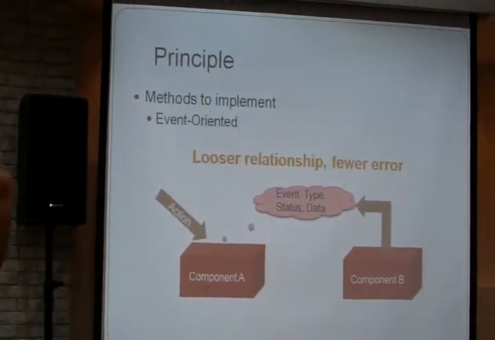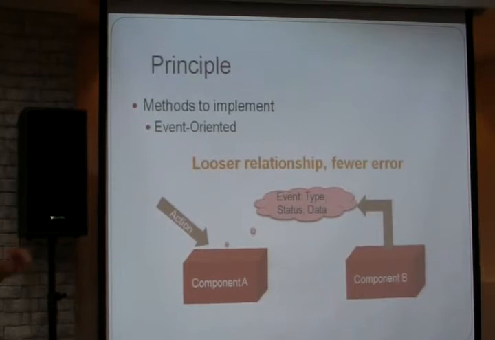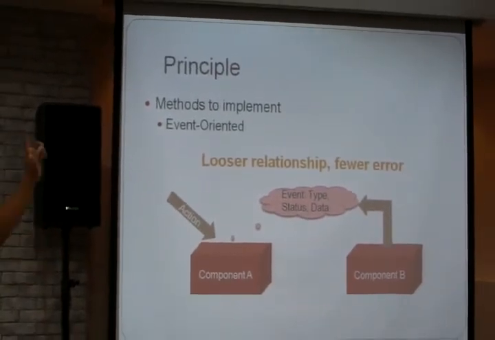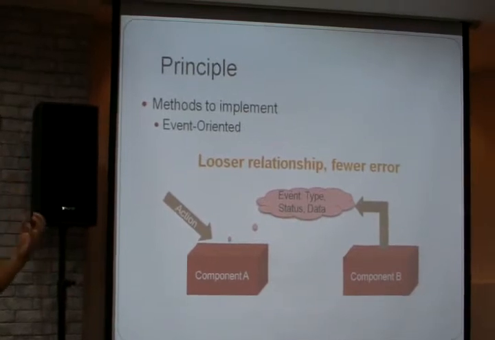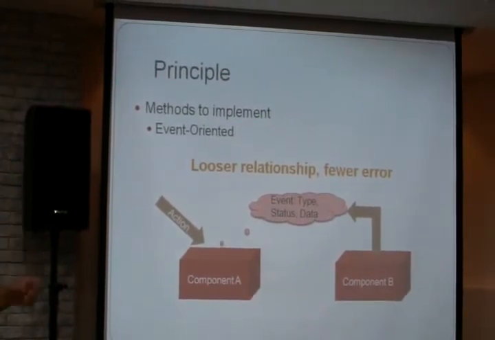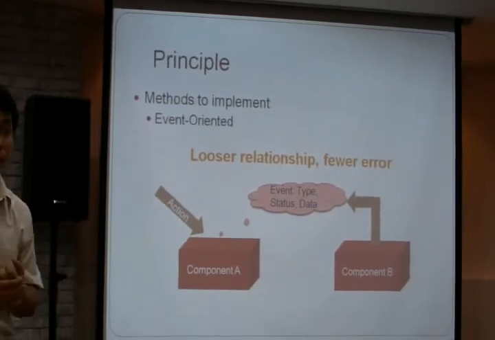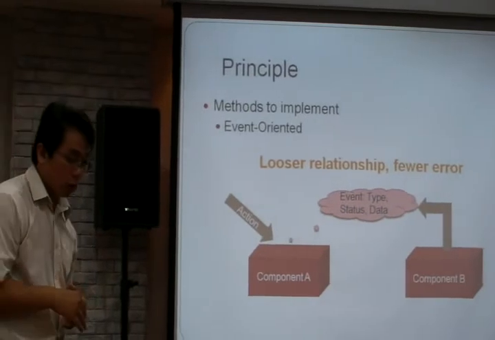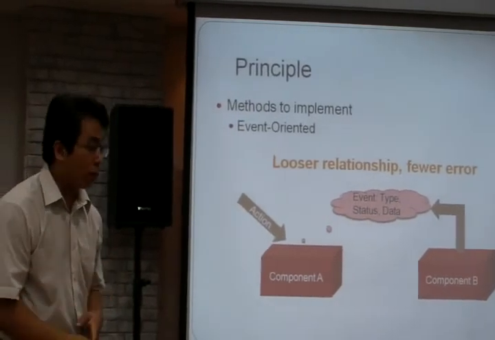Okay, this is a very important experience. This method to implement Flex is event oriented. What is event oriented, and why is it important to you? Event oriented, you know already.